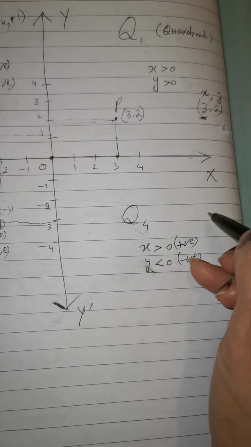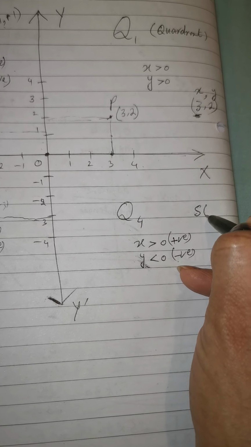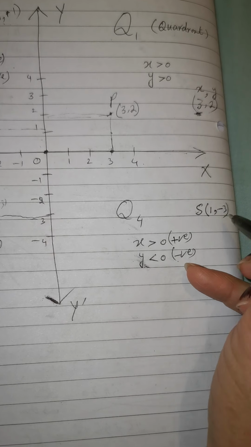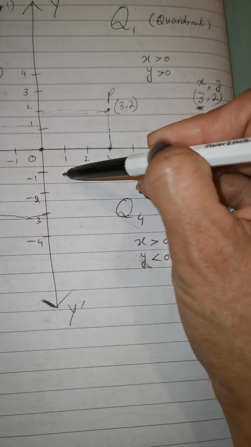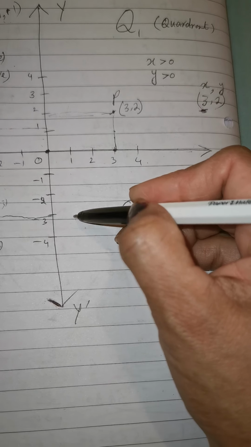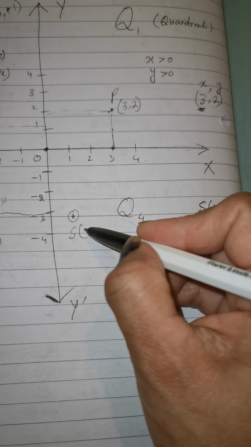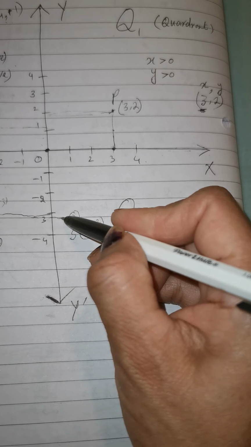So if they give me a point S, and you have to draw the point (1, -3), I will go one step here and 1, 2, 3 steps down. So my point lies in the fourth quadrant like that, (1, -3), right?